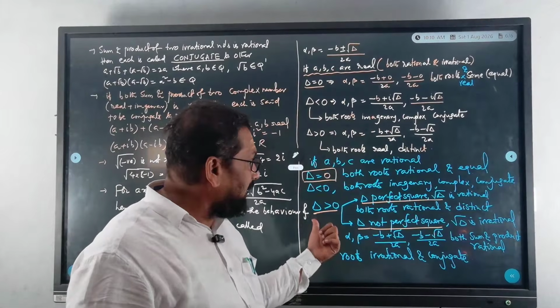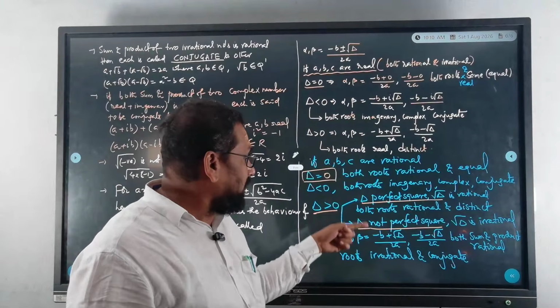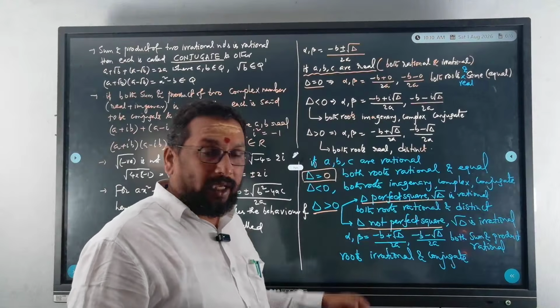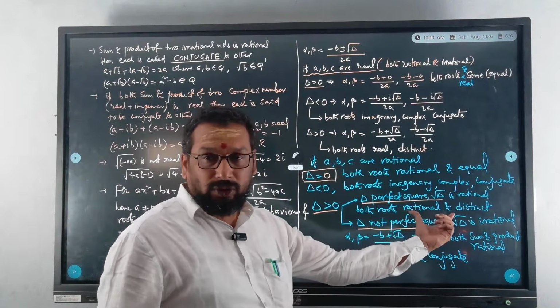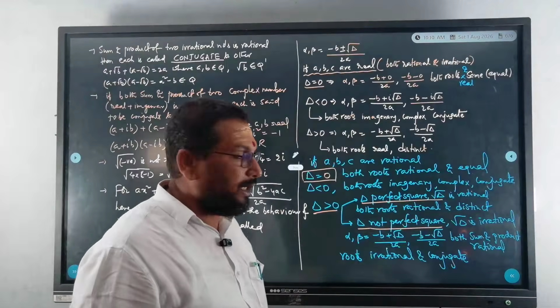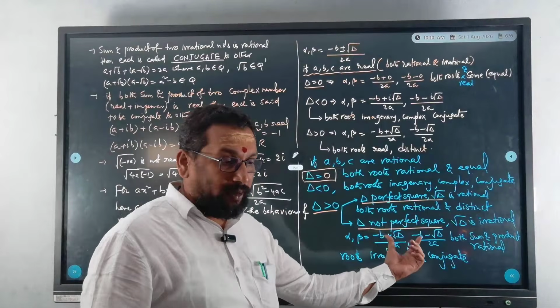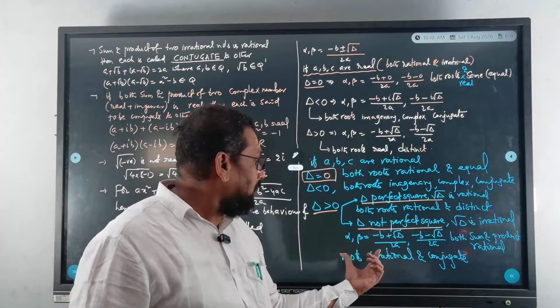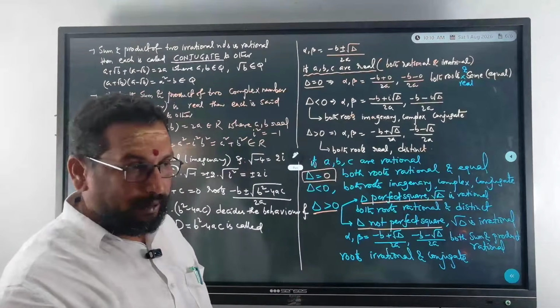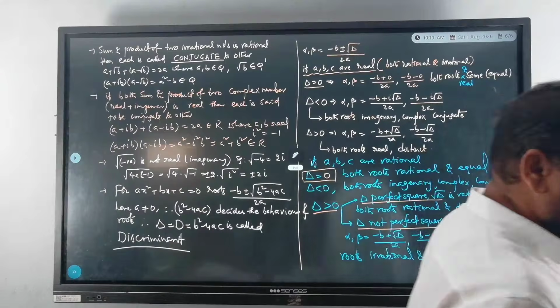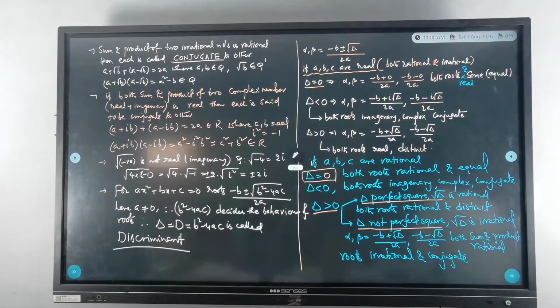If a, b, c rational, again delta has two cases: one is perfect square, the other is not perfect square. If perfect square, both roots are rational and distinct. If not perfect square, roots are conjugate and irrational. Write this down.